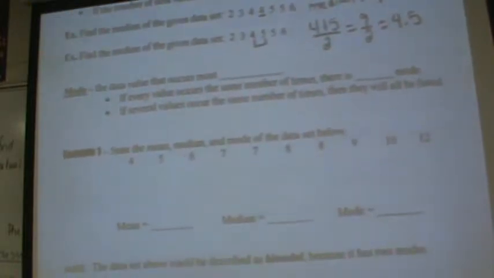The third measure of central tendency that we're going to talk about is the mode. The mode is the data value that occurs most frequently, or most often. That's a number that's going to repeat in our set, the number that occurs the most times throughout our set.